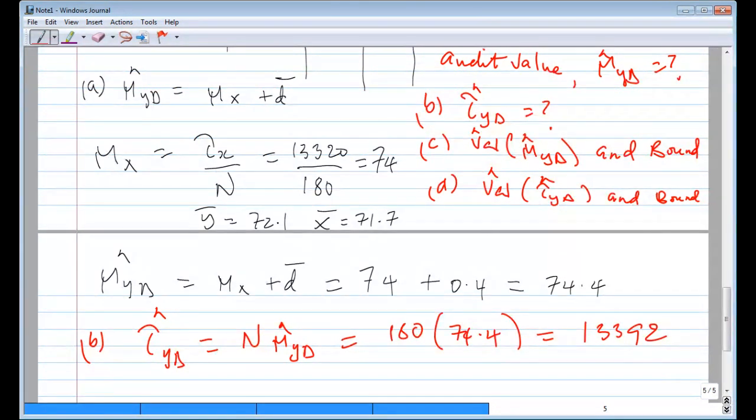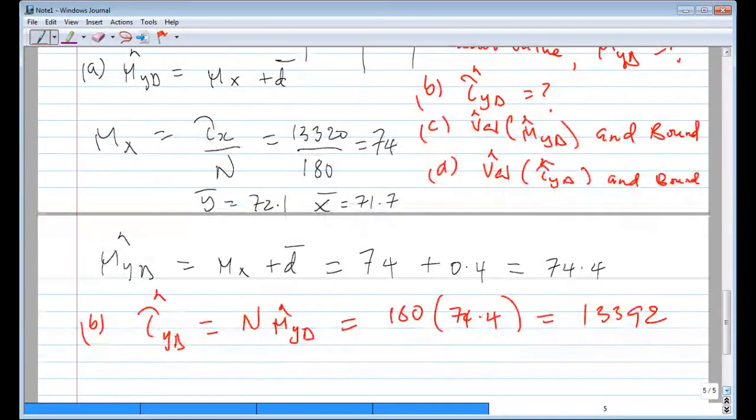So now let's find the estimated variance of the estimated population mean.